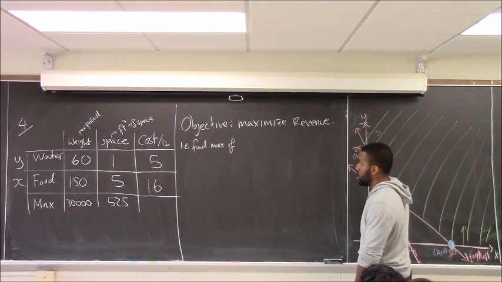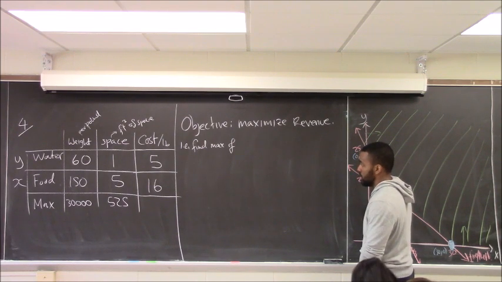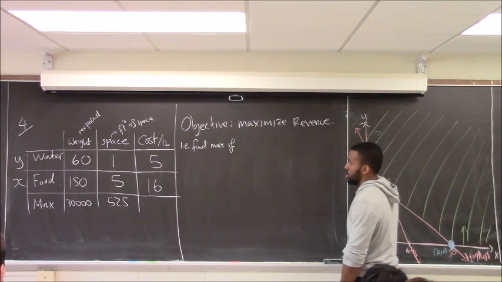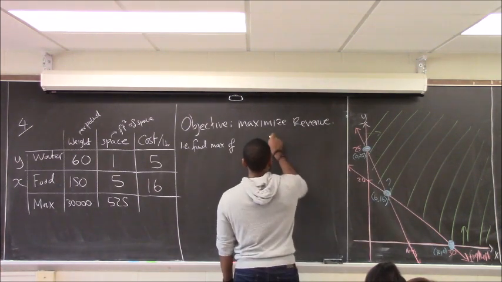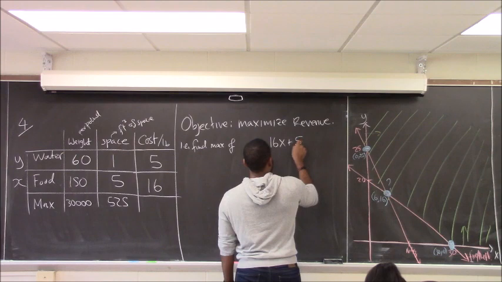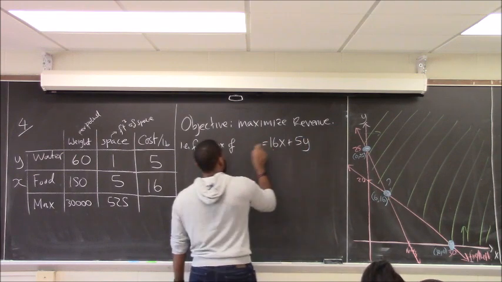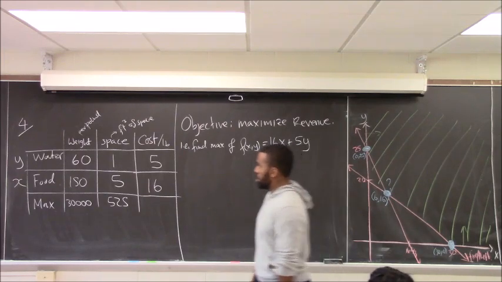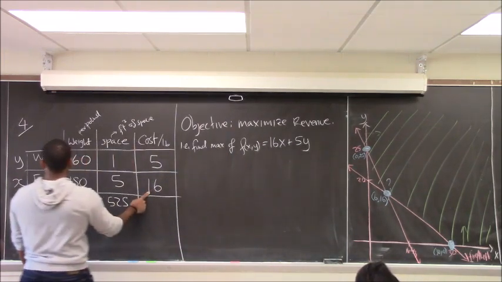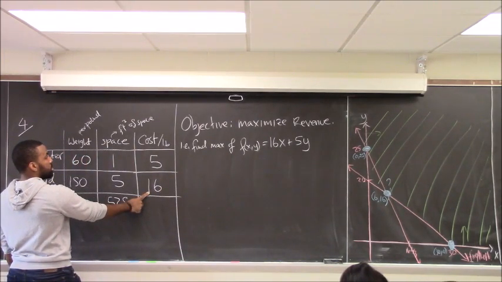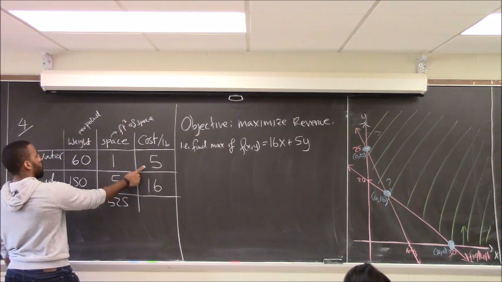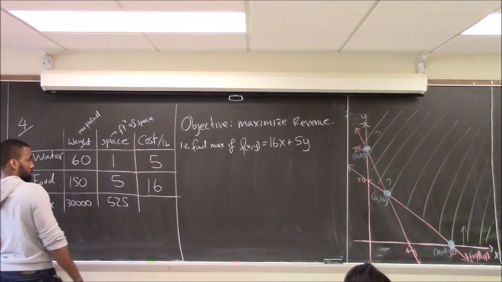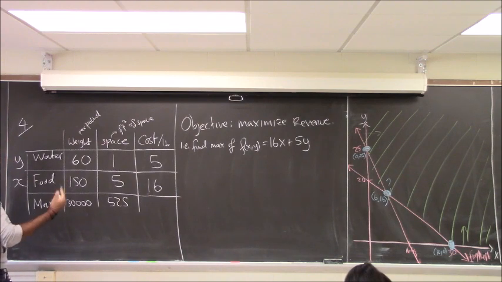So what's the revenue generated by carrying the food and water here? 16x plus 5y is going to be the amount of money the plane makes for each trip. For every container of food, which is x, we get $16. For every container of water, which is y, we get $5. So 16x plus 5y is the amount of money that we'll make by that one trip.